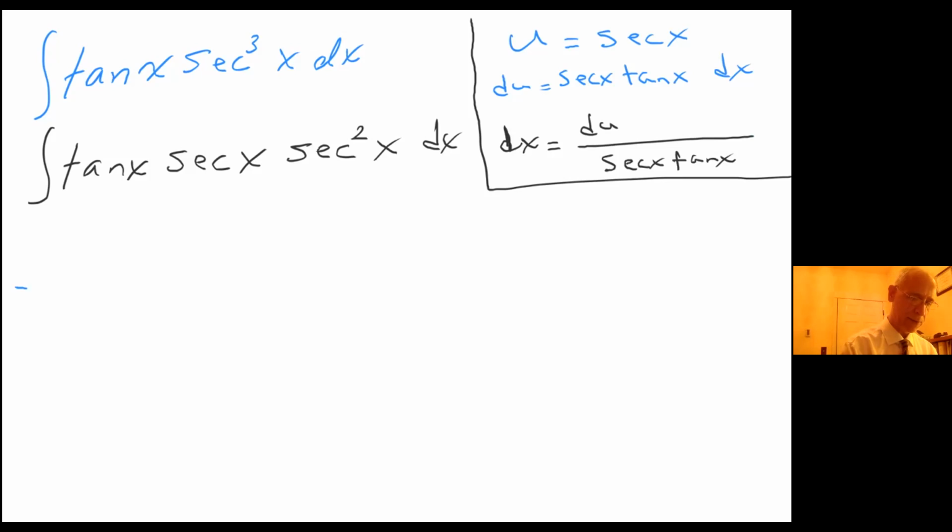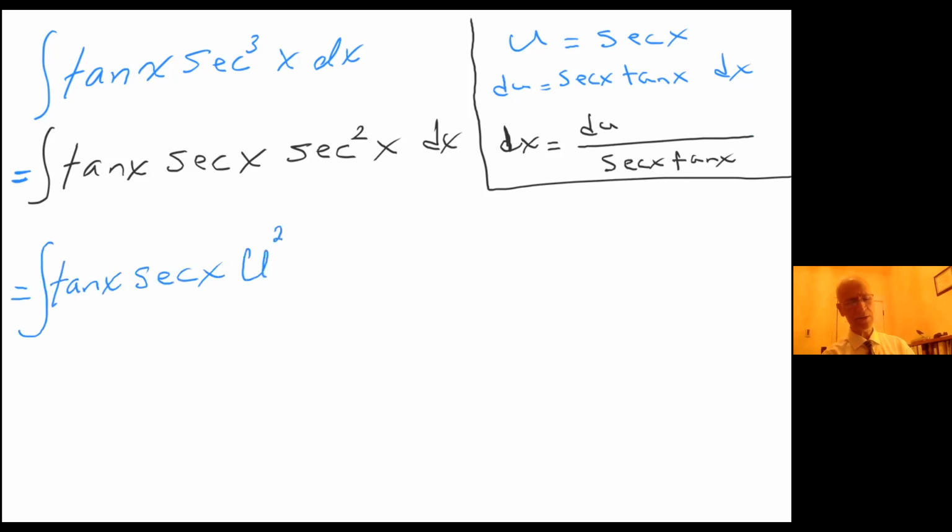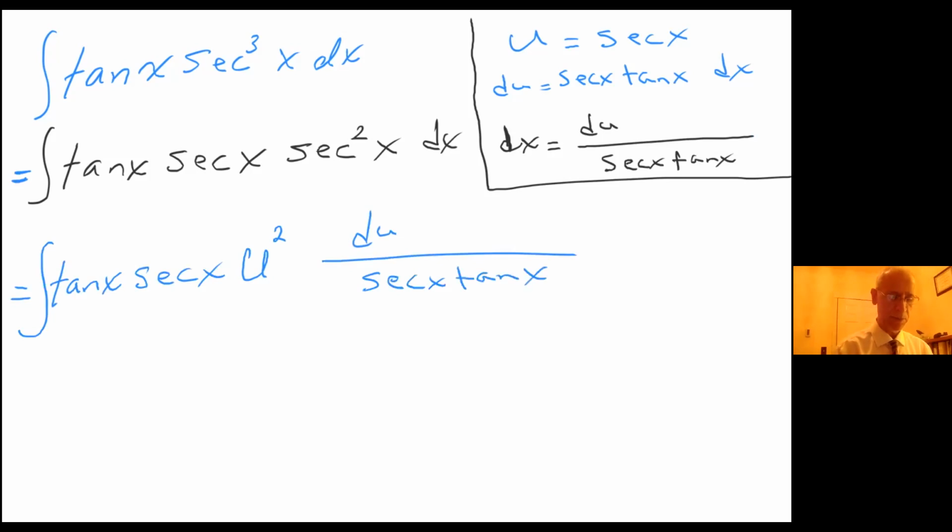So now here I'm going to rewrite this. So this equals tangent of x, secant of x. We said u equals secant of x, so u to the second. And I can replace dx with du over secant x tangent x. So once again, I'm showing every step there is.